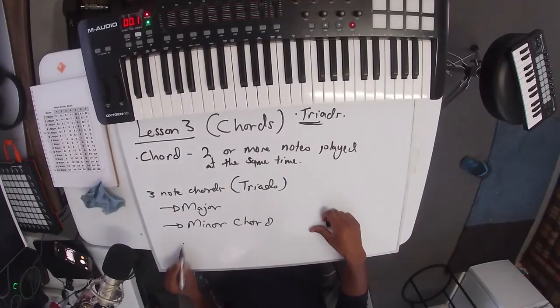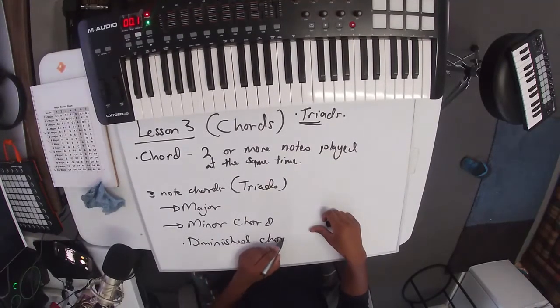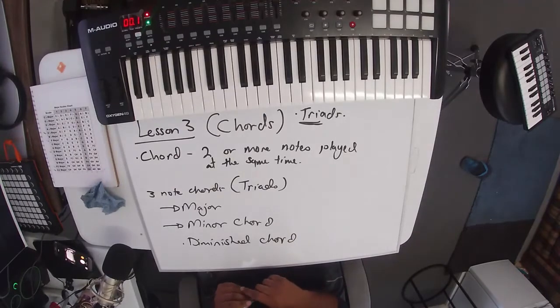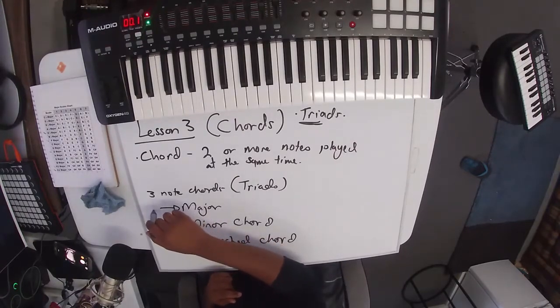I'll mention the diminished chord just for completeness, so that we can get into the next lesson really well, but the focus definitely is going to be on major chords and minor chords.